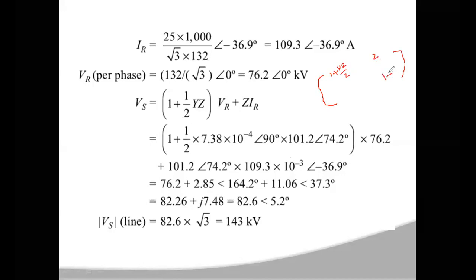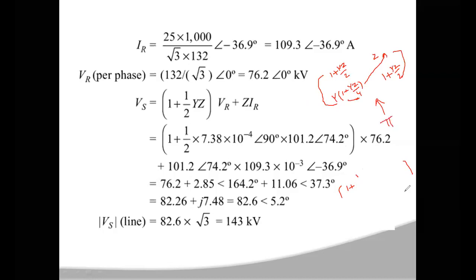Here also you will have the same 1 plus YZ by 2, and here you may have Y into 1 plus YZ by 4. And for the other network, this value goes here. So this matrix is for the nominal pi network.